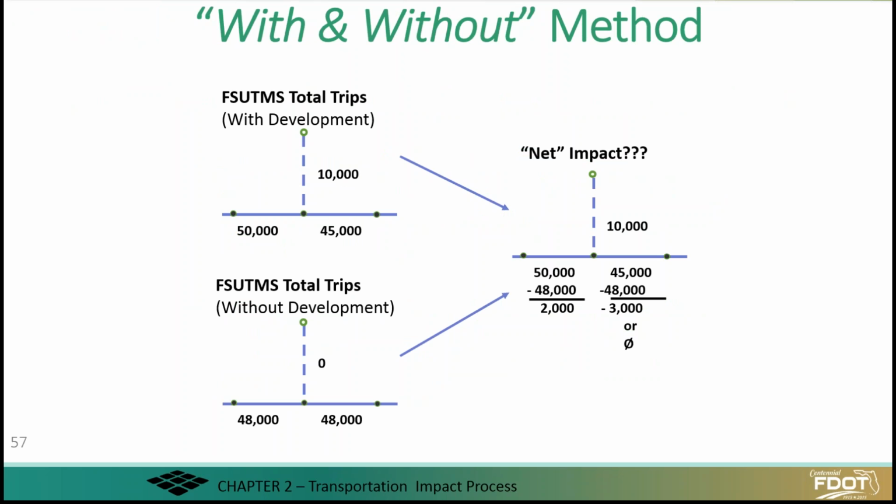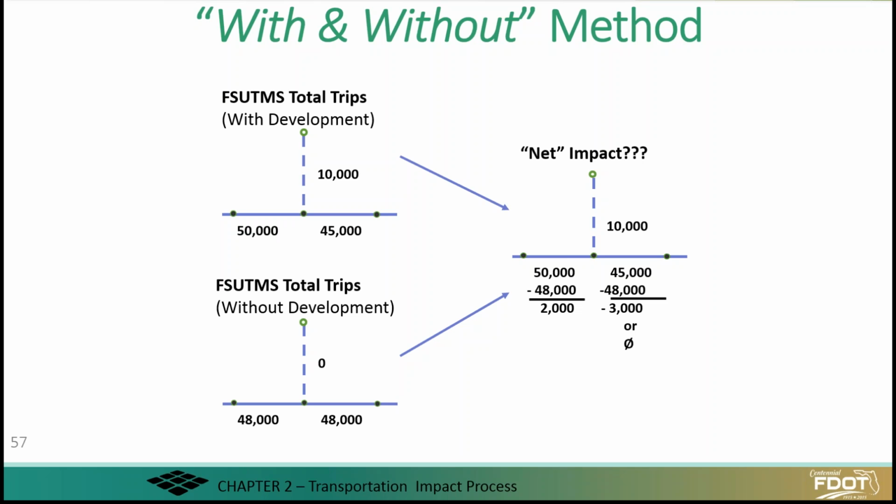And so, for example, you might have a development which places 10,000 trips onto the network, resulting in 50,000 trips on one link heading west, and 45,000 trips heading east.